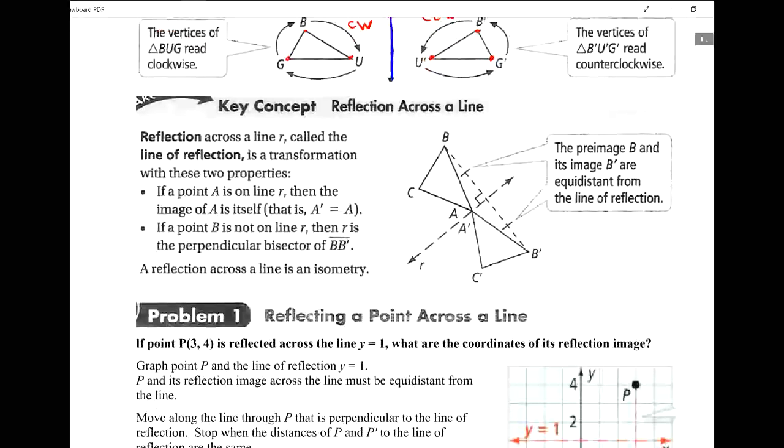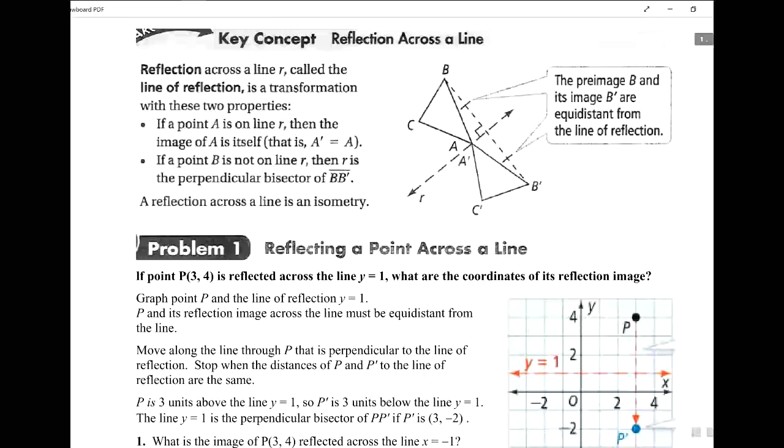All right, let's look at our key concept. A reflection across a line R, which is called the line of reflection, from Go Math. A reflection, when we take our pre-image and we reflect it across this line of reflection, is a transformation with two properties.